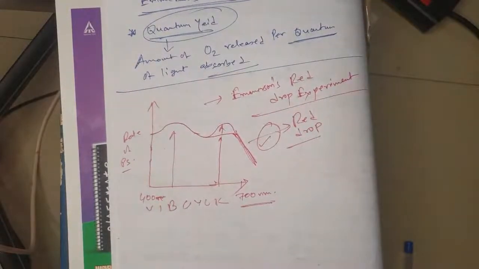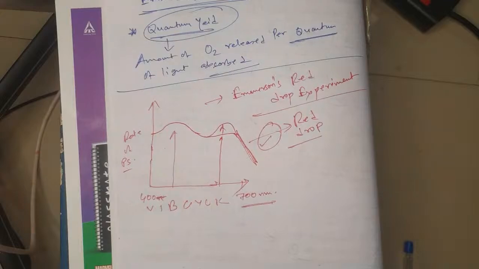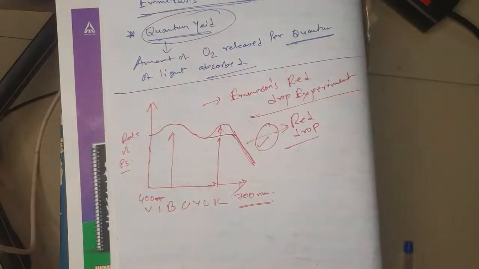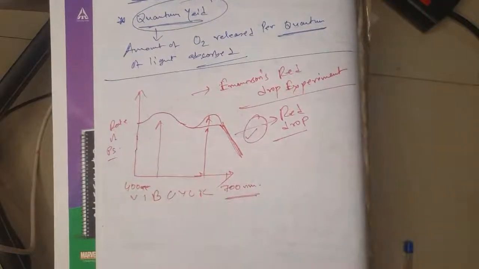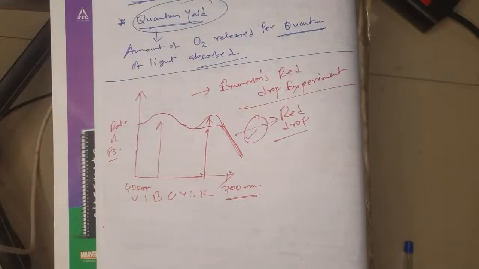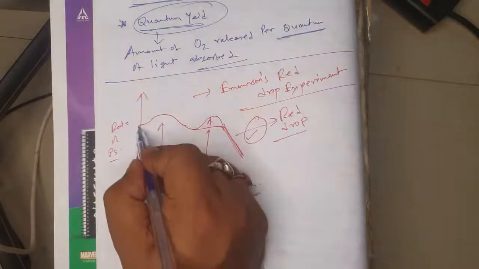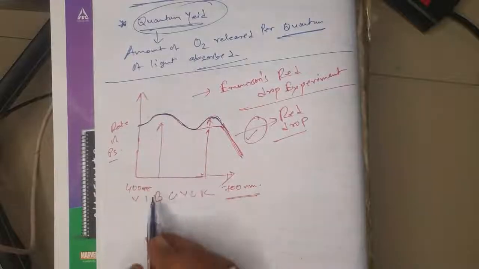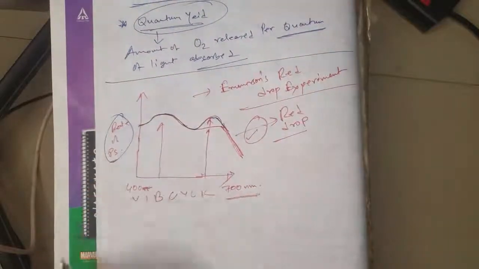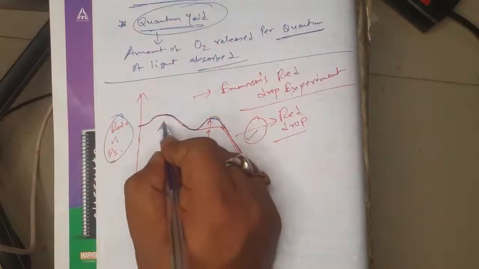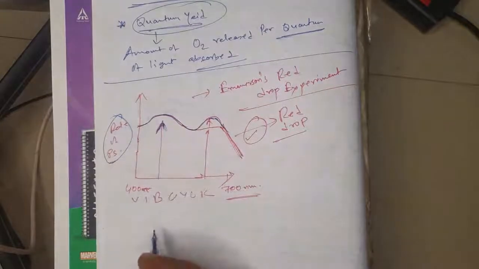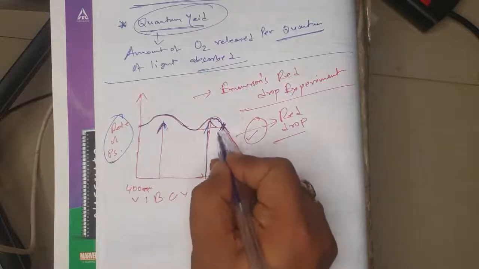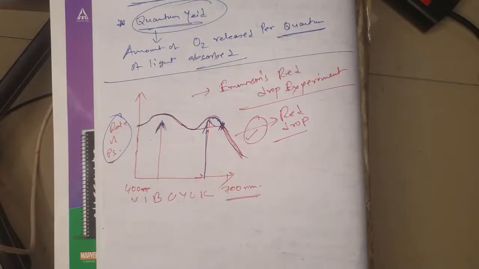So the experiment he conducted is known as Emerson's red drop experiment. In this experiment, the graph Emerson obtained told us that after absorption, if you measure the rate of photosynthesis, it goes up a little bit, and it goes up in the red region also, but right after the red region there is a drop.